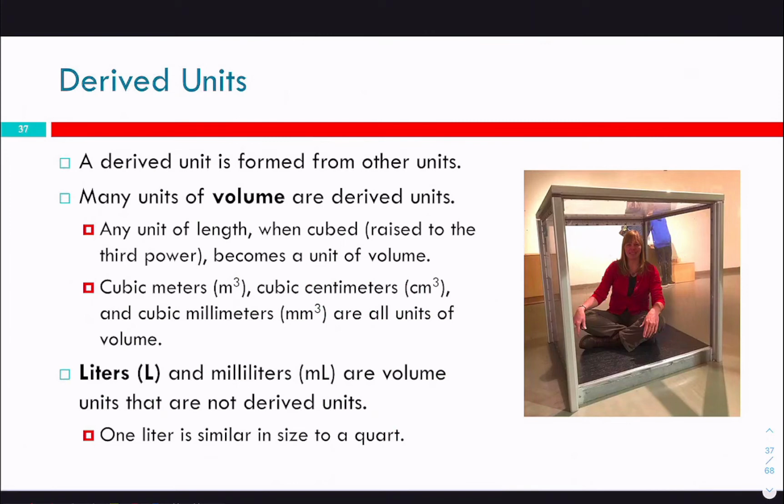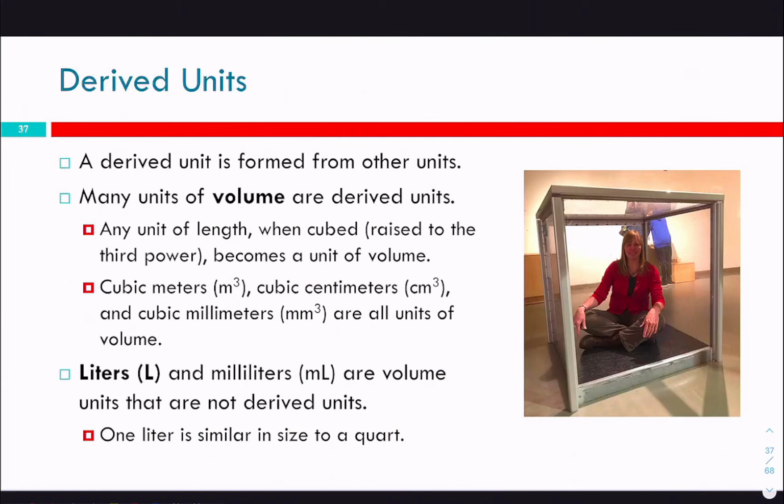Anyways, so this is a cubic meter that she's sitting inside of. So we have some units called derived units, and many volume units are derived units. Any unit of length, when cubed, becomes a unit of volume. So cubic meters, cubic centimeters, cubic millimeters, even something like cubic feet, cubic inches, those are all units of volume.